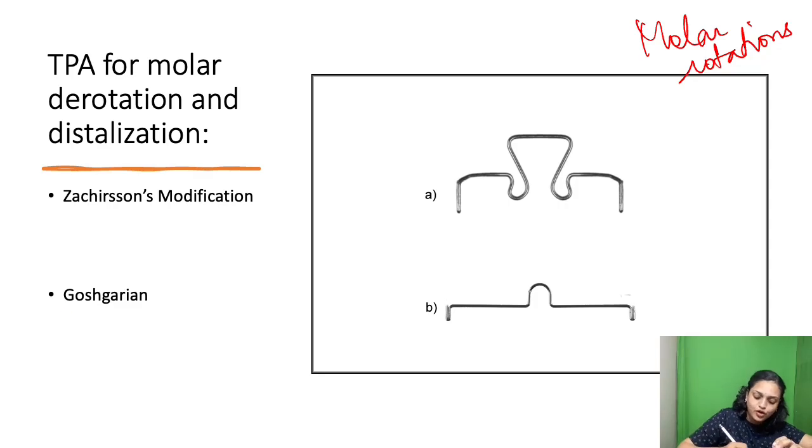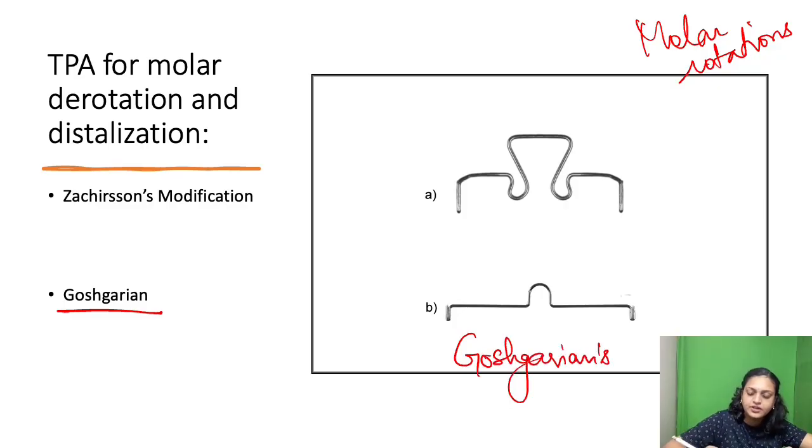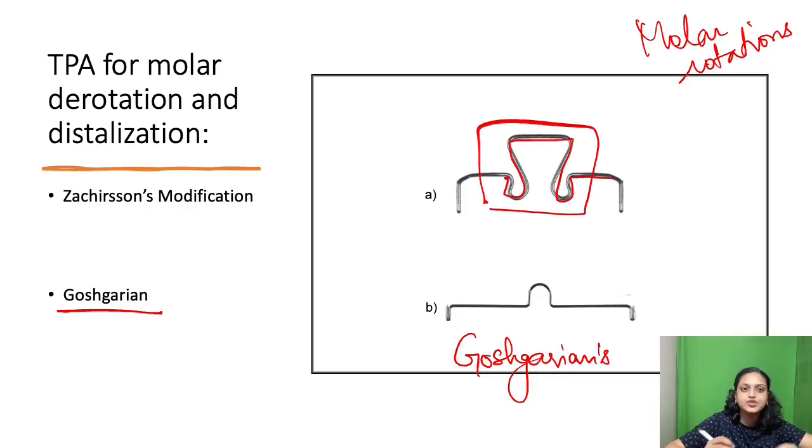TPA was given by Goshgarian, a commonly asked question: who gave the TPA? It's Goshgarian. It's also called Goshgarian's arch. Transpalatal arch is also called Goshgarian's arch, and Zachrisson modified this Goshgarian arch, giving an extra loop to increase the flexibility so that the forces are milder, and this is Zachrisson's modification of the TPA.